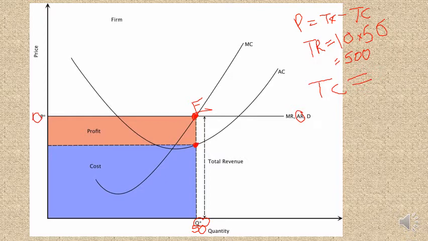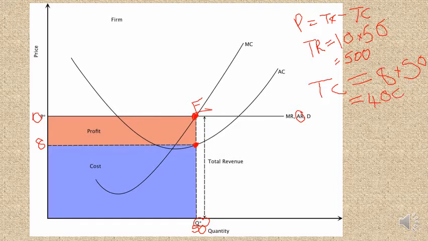So once again, draw a dotted line towards the price axis. Let's say it was 8 Rand there. So now your total cost would be 8 Rand, average cost, multiplied by equilibrium quantity, which is 50. So your total cost is 400 Rand.